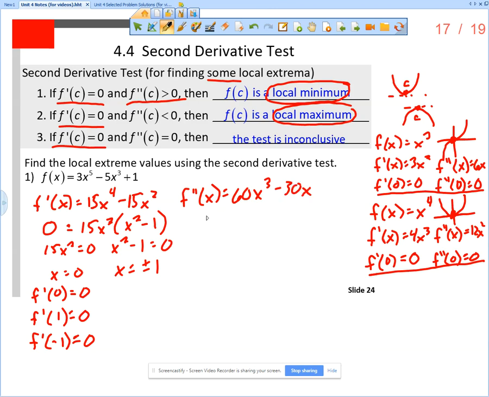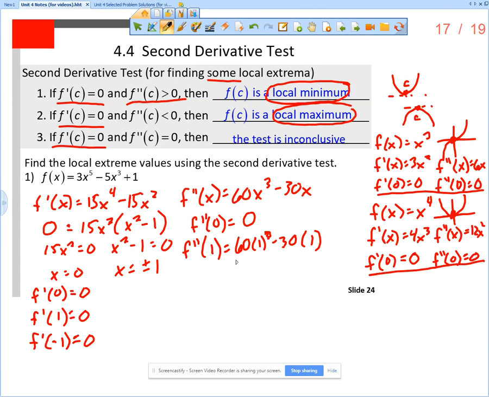So now I want to determine whether f double prime of 0 is positive, negative, or equal to 0. So that'd be 60 times 0 cubed minus 30 times 0, that's 0, okay? So we don't know if there's a min or max there. All right, but then f double prime of 1, so that would be 60 times 1 cubed minus 30 times 1.